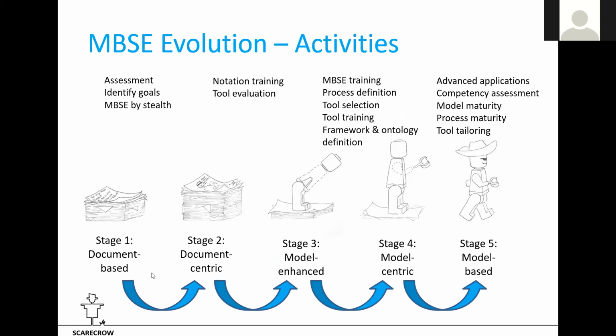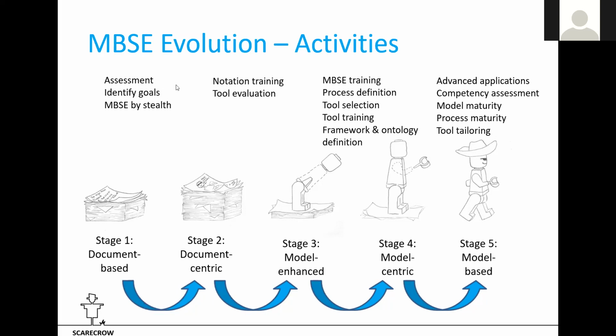So what we've got on this slide here is some very, very high level generic activities that we typically see happening in moving from stage to stage. So, from stage 1 to stage 2, you're document based. You want to start moving away, still using documents, but a bit more maths, a bit more graphics, maybe.